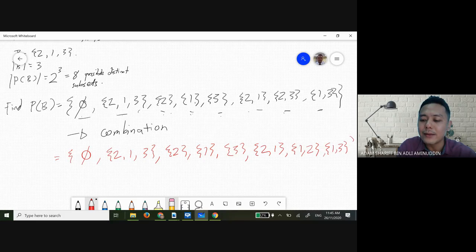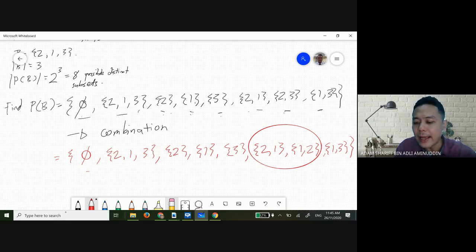They count it 8 as well. The dangerous thing is that they don't realize here 2, 1 and 1, 2 is the same set. So when you actually count for the red color part, it's only 7. Because again, I repeat, 2, 1 dengan 1, 2 ni is the same set. The thing that they left out is 2, 3.